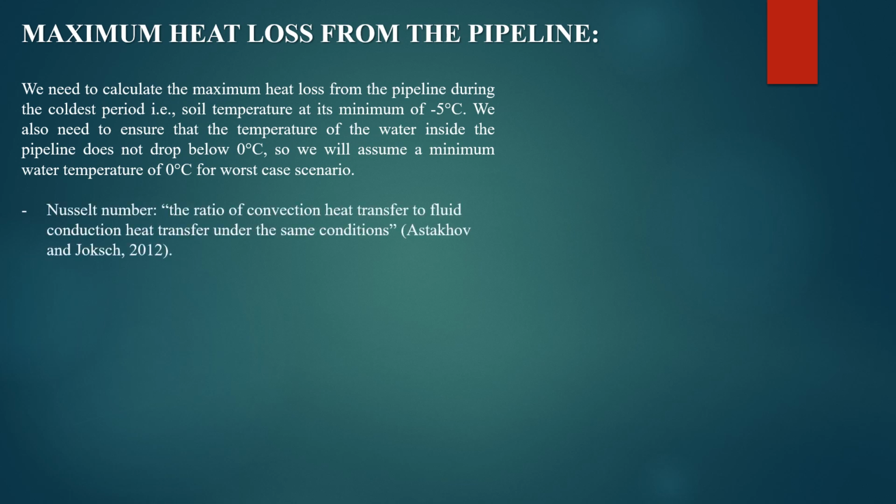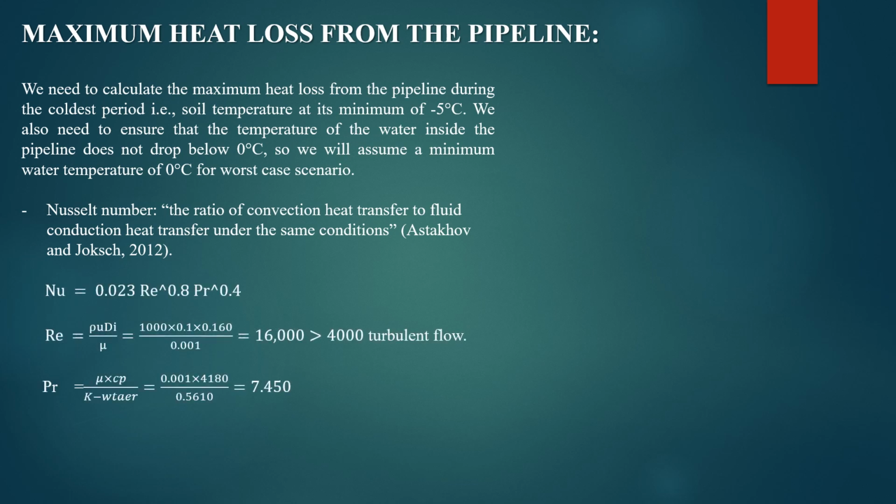Now the Nusselt number, which is the ratio of the convection heat transfer to the fluid conduction heat transfer under the same condition, will need to be found first. The equation is 0.023 multiplied by the Reynolds number to the power of 0.8 multiplied by the Prandtl number to the power of 0.4, where this number indicates the correlation between the viscosity of the fluids and its thermal conductivity.